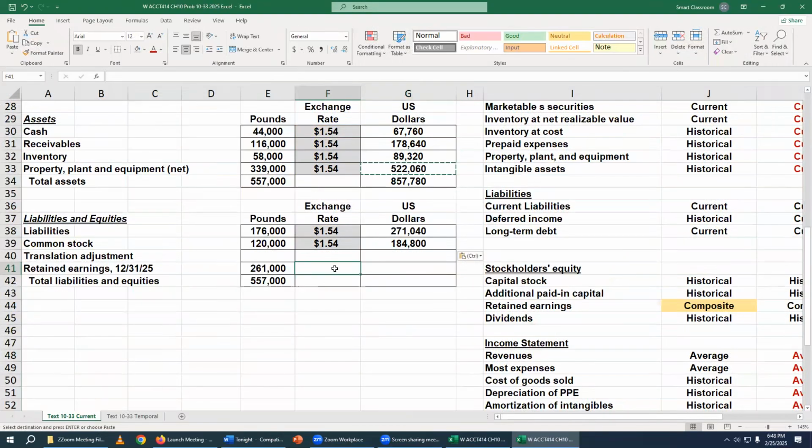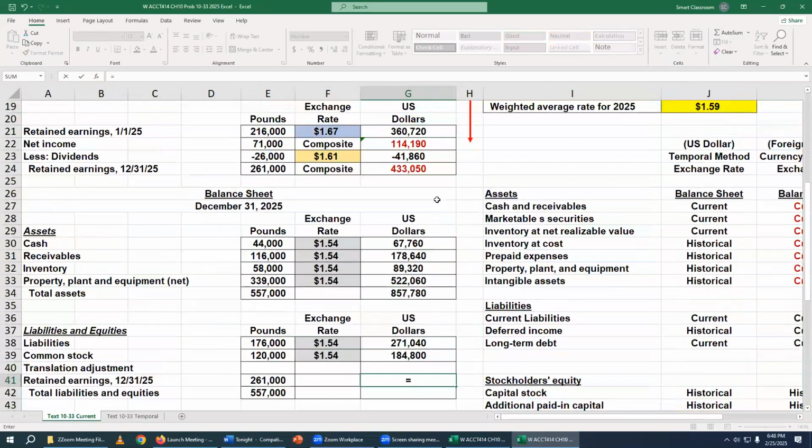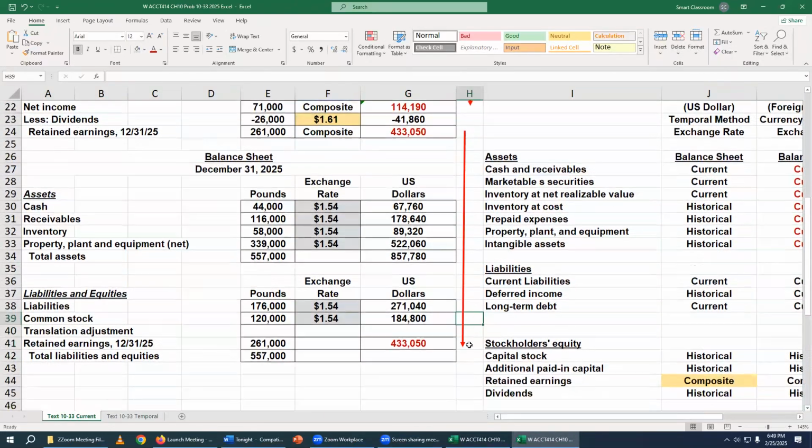Okay, so down here, retained earnings will be, well, that'll be right from what we had up here. And we're gonna add it up without the translation adjustment.